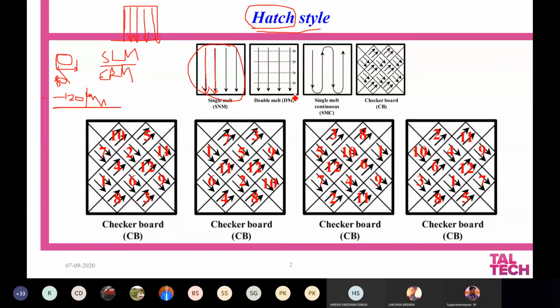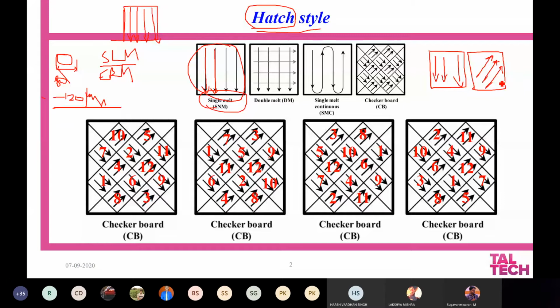For example, whenever people use an additive manufacturing process, in the first layer you will have a melting sequence in a general case like this, the single melt hat style, whatever is shown here, or single melt hat strategy. And in the second layer, you'll have the same single melt style, but it is rotated by certain degrees. Generally, the rotation is between 67 to 74 degrees.